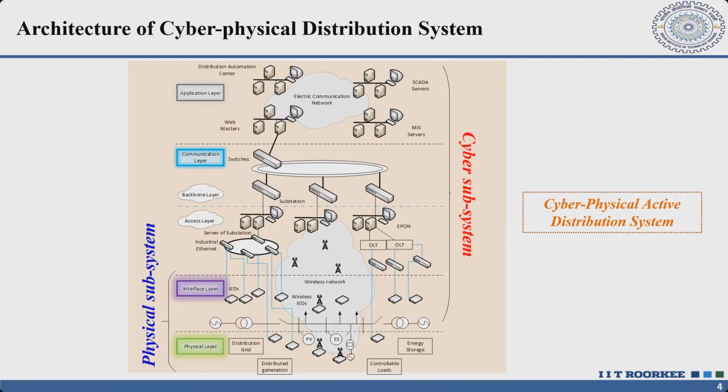The same IED can also do larger distance communication in this layer using some other medium, usually wired, because for larger distances wired medium is preferred, and for smaller distances you can go for Wi-Fi.